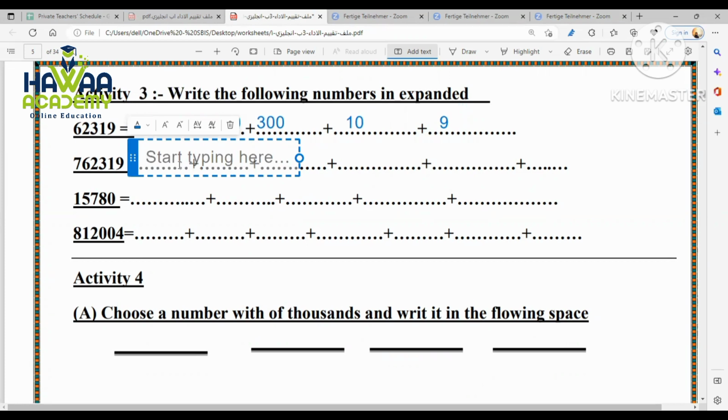What about the next one? Let's see. I have 762,319. It's a bit big. Let's find out.